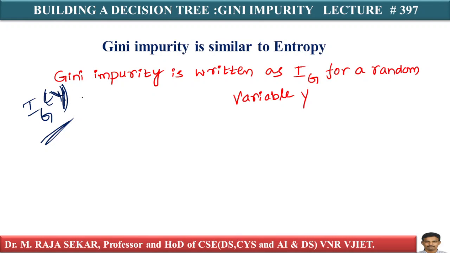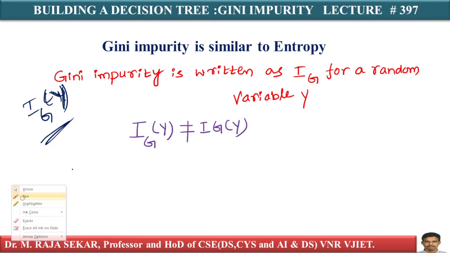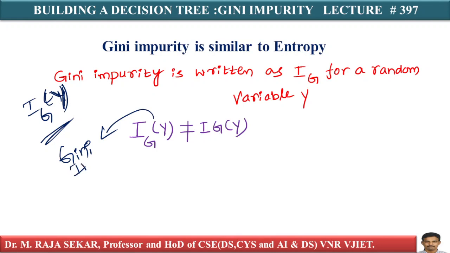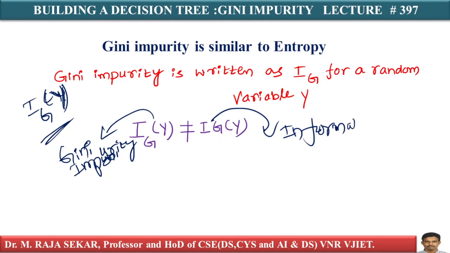One must understand these are not the same. I subscript g of y means what? This one is Gini impurity. And what about this? This is information gain.